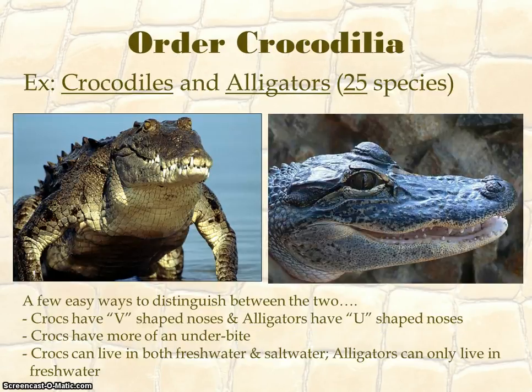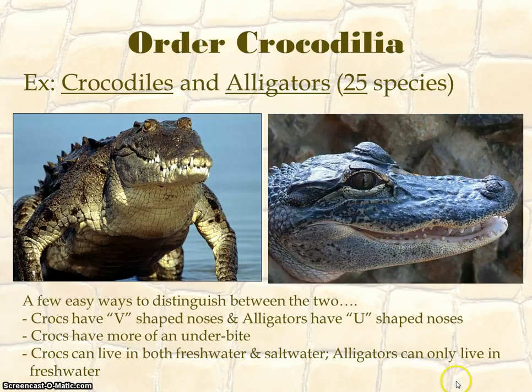Your Crocodilia order includes your crocodiles and alligators, and there's about 25 species of these. There are some distinct characteristics to help distinguish between the two. Crocodiles have a V-shaped snout, where your alligators have a U-shaped snout. So your crocodile here, you can notice it has a more V-shaped snout, where your alligators will be more rounded and U-shaped.